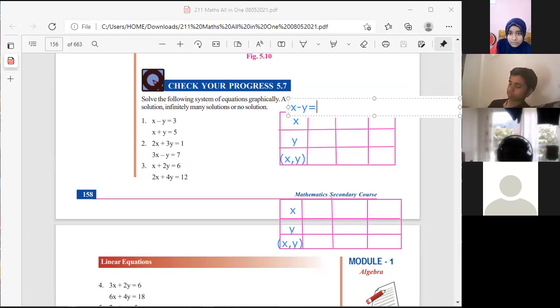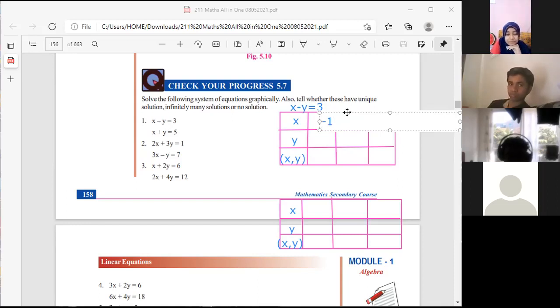Now tell me, we can take one negative, a 0 and a positive, as I always tell you. So I will start with a negative number. Then I will take a 0. And then try taking a positive number.